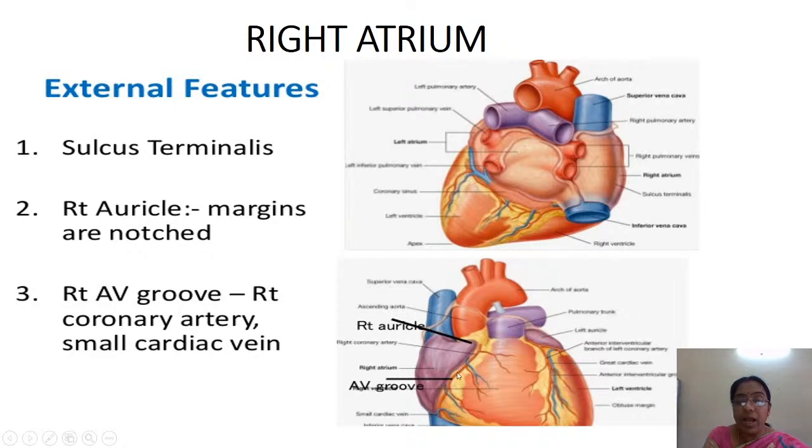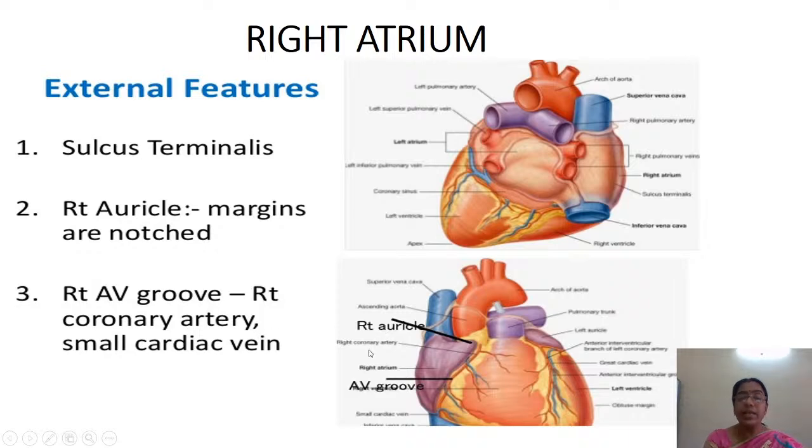Between the right atrium and the right ventricle there is a groove called the right atrioventricular groove, through which you can see an artery passing, called the right coronary artery, which supplies the heart. In this right atrioventricular groove you come across the right coronary artery with a vein called the small cardiac vein.